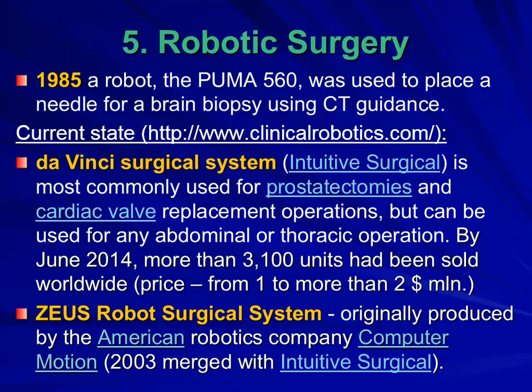The history also goes back to the same year that I began this lecture, about 35 years ago. Most often used here is the Da Vinci surgical system. As far as I know, in Ukraine only a single such complex is now installed. It's actually almost nothing. It has a very high price.